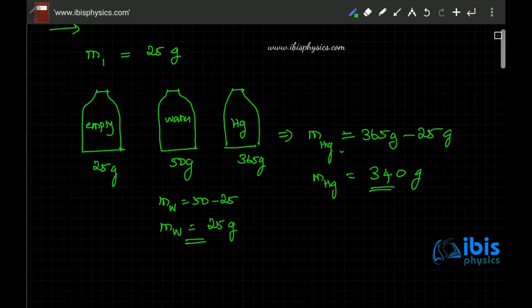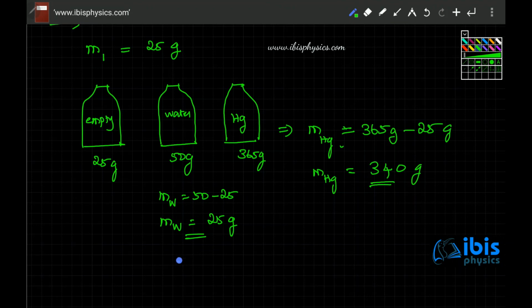The water's mass is 25 grams. So relative density is equal to the density of the substance by the density of water. But here, since both are using the density bottle, the same volume of mercury and water is given, so it is simply the mass of the substance by the mass of the water of the same volume.